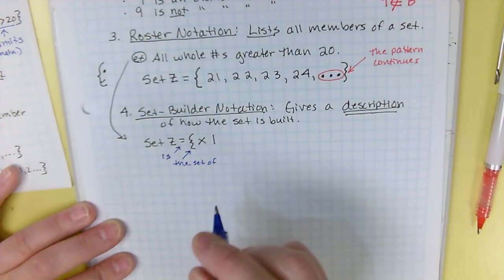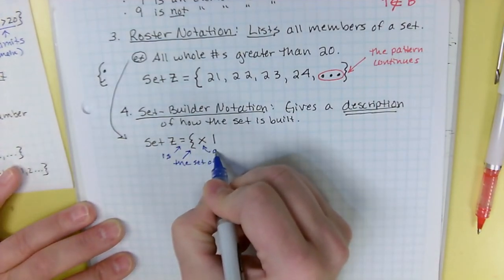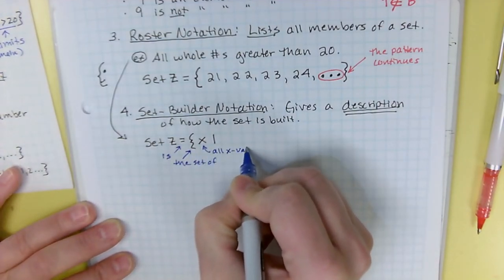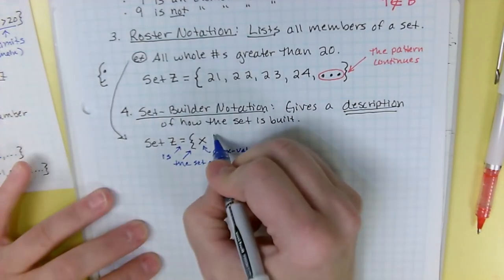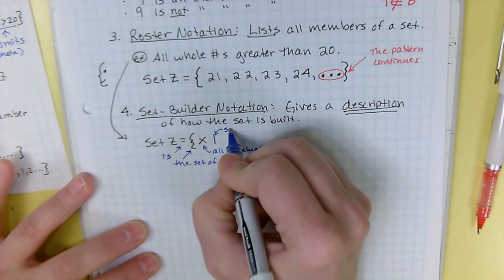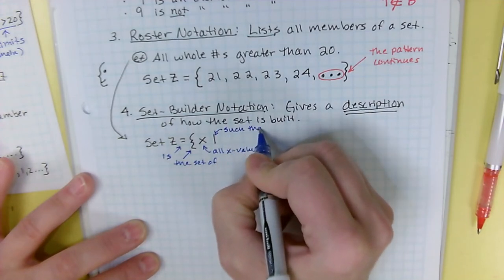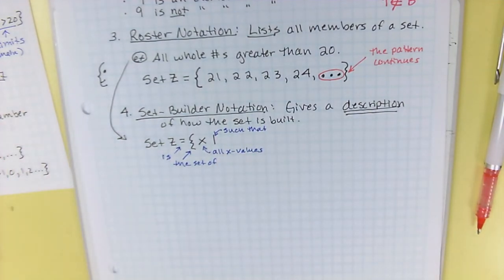The first letter after the brace is all x values. And the bar is best interpreted such that. So far we've written set Z is the set of all x values such that.